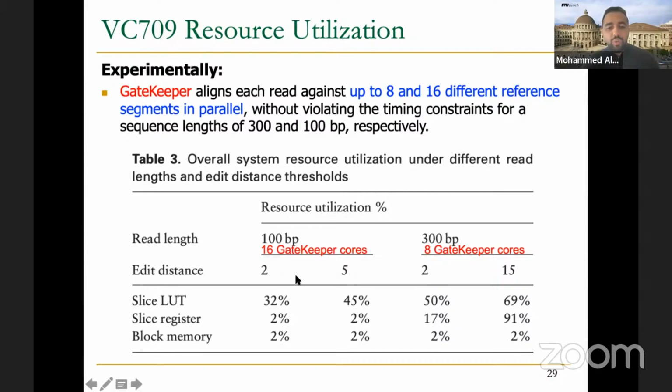So at most, we can solve 16 problems at that time and 8 problems using 300 long sequences. We didn't use long sequences at that time because in 2016, we didn't have any technology that provided longer than 300 long sequences. ONT was just starting and they provided about 65% accuracy, so nobody was using it at that time.